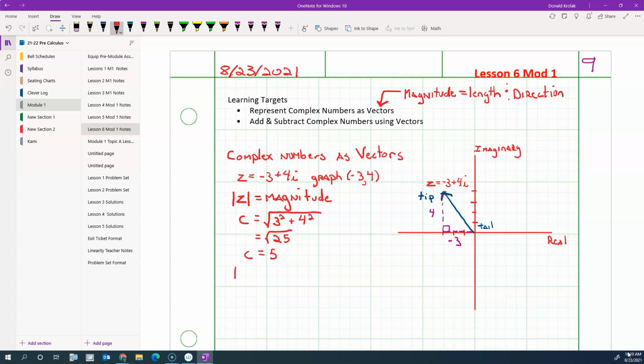That's its magnitude. Now, the direction is going to be this angle here, but we'll handle that later because we're going to use trig to figure out what that angle is. Right now, we just have to worry about the magnitude.